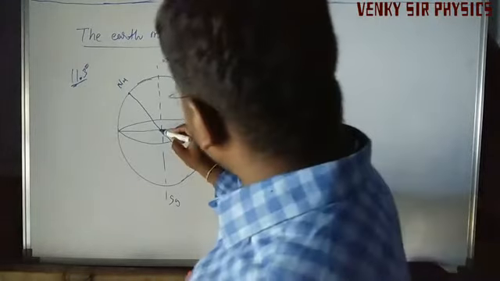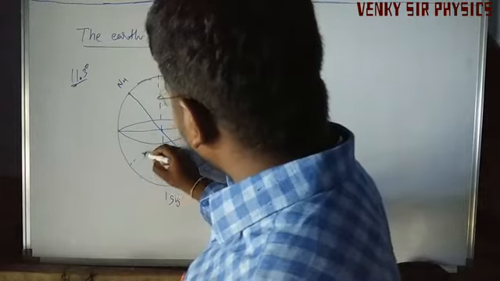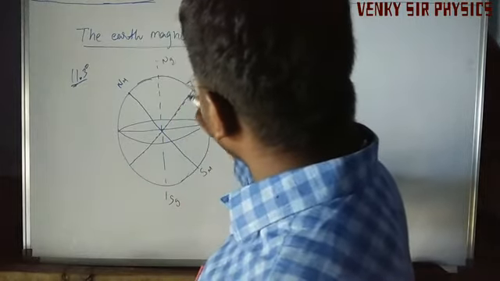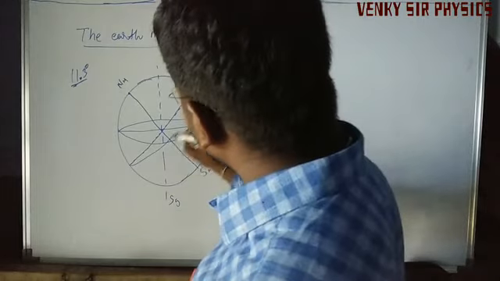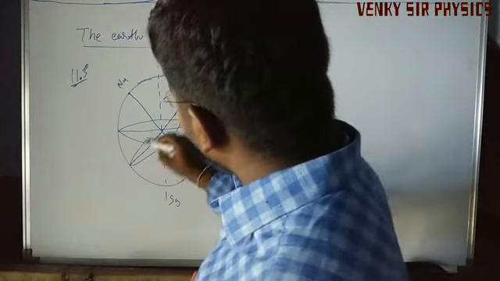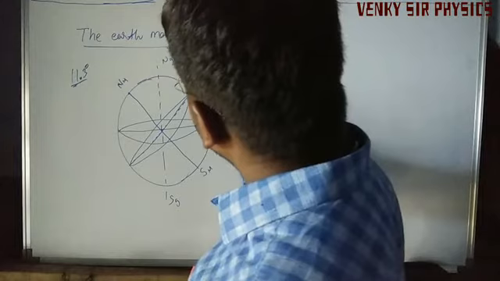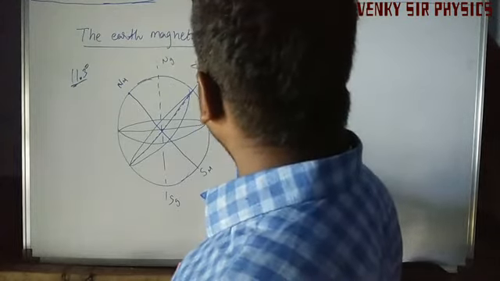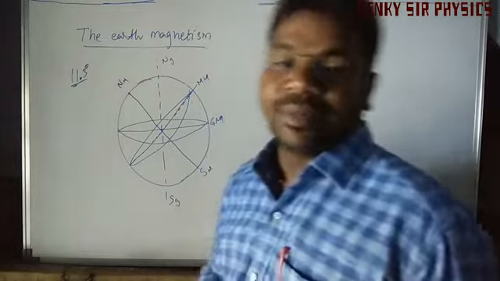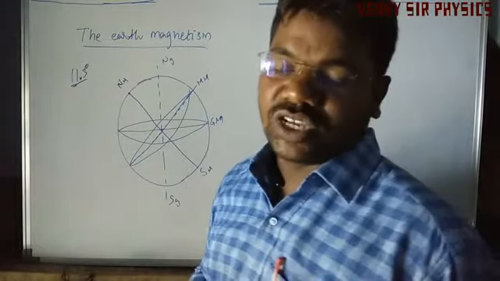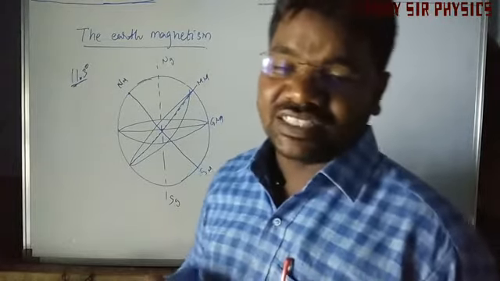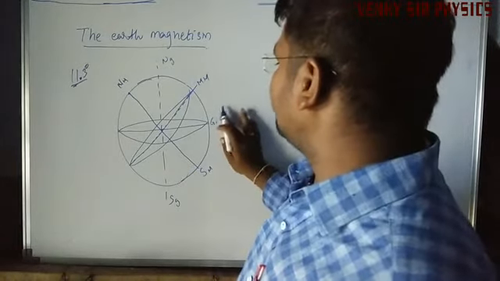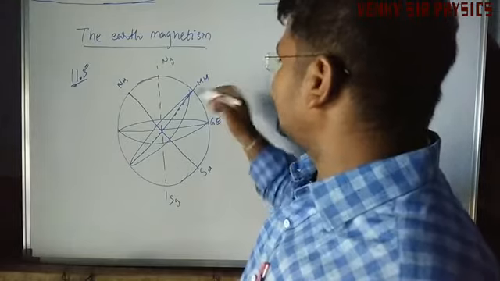Because of this magnetic meridian, like this, magnetic meridian, geometric meridian, we can say that is geographic equator, magnetic equator.